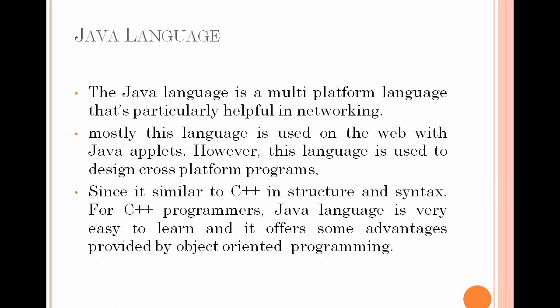Java is similar to the previous language, C++, in structure and syntax. So for C++ programmers, Java is very easy to learn and it offers some advantages provided by the OOPS concept.